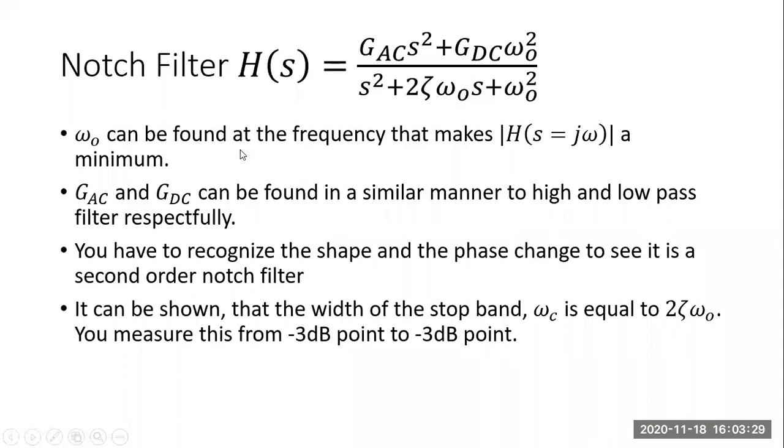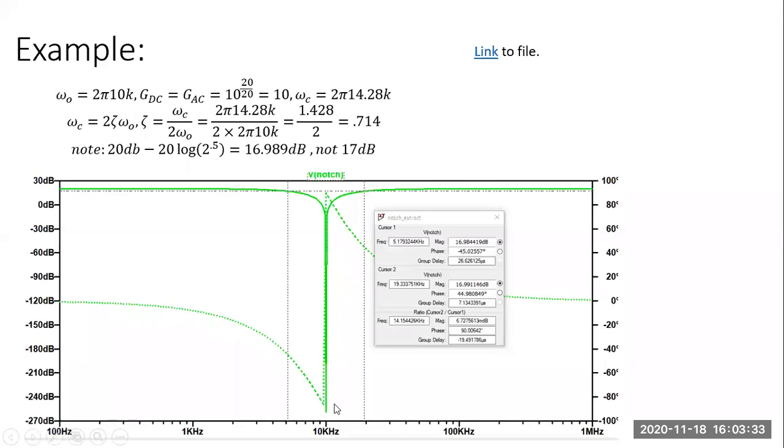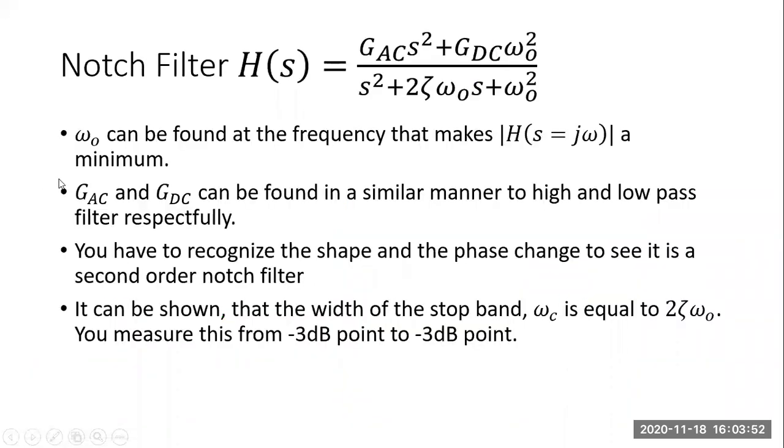However, omega naught is still found just by looking at the middle, if you will. So if you take a bandpass and invert it, right, it's right in the middle. That's easy, right? It starts at 0, goes down to minus 90, up to 90. There's your 180 degrees change in phase, right? But it starts and ends at 0. That's easy. The AC and the DC bit is the same.